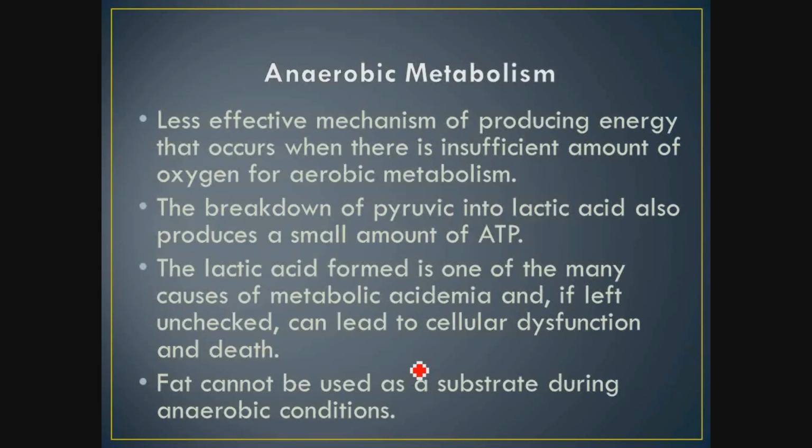That lactic acid is a cause of a metabolic acidosis. We were just talking about that with blood gases. And that metabolic acidemia is the thing that will actually cause cellular dysfunction, mitochondrial dysfunction, and ultimately death.